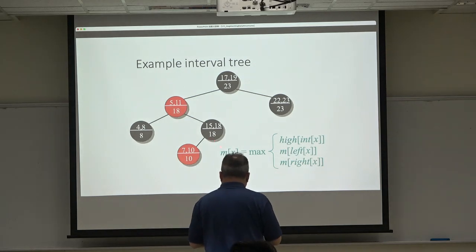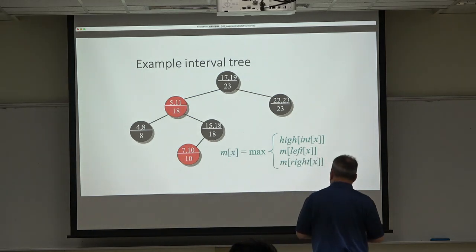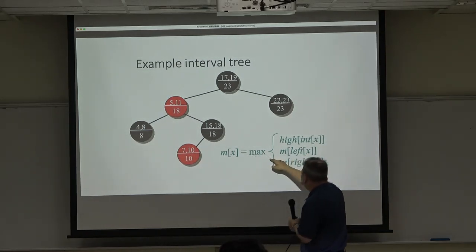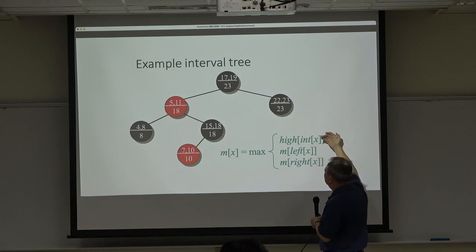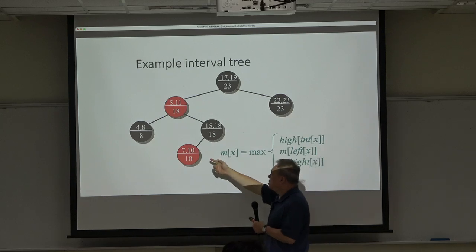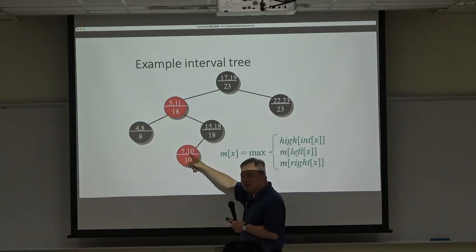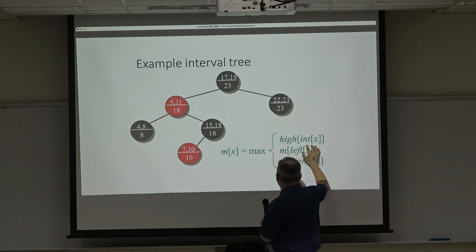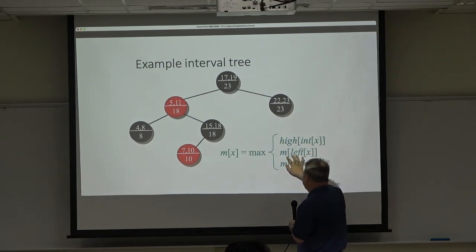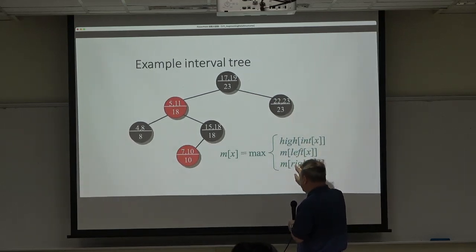So for this m, it's going to be the max of high[x], which means the right endpoint of what you store here, my own right endpoint, the m of the left subtree, and the m of the right subtree.